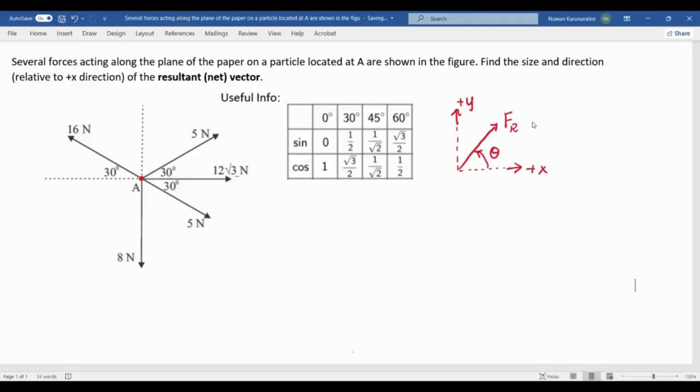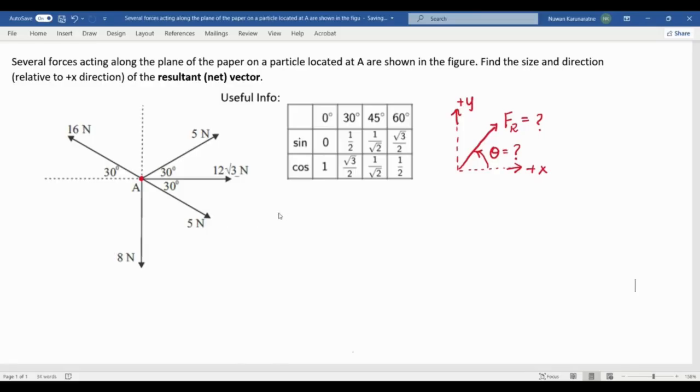So the objective of this problem is to find the magnitude of f sub r and the magnitude of the angle theta.